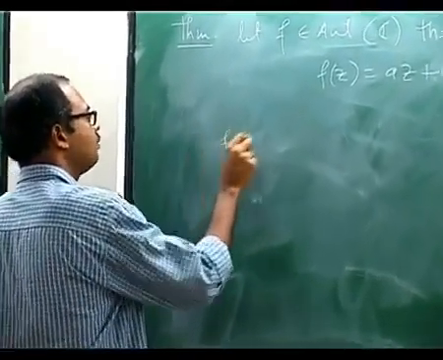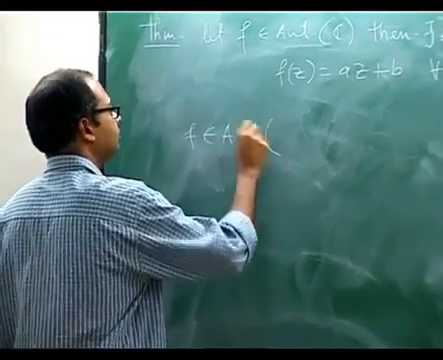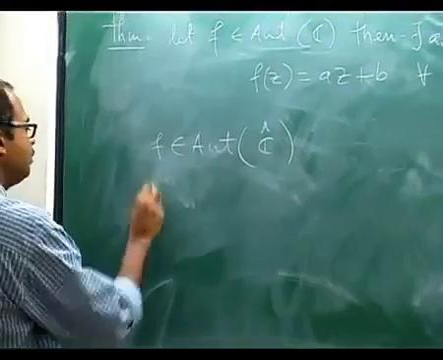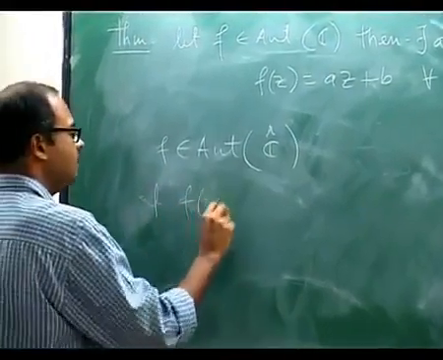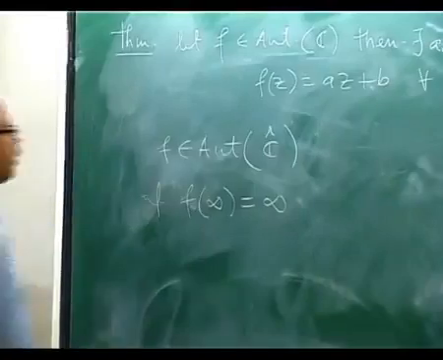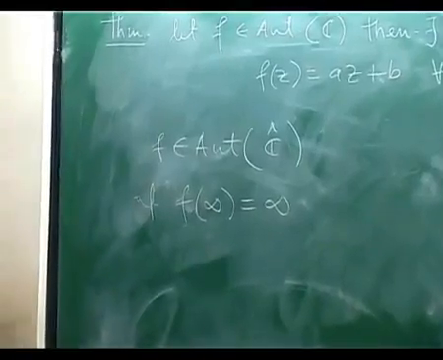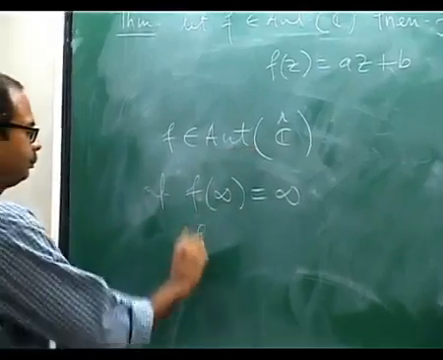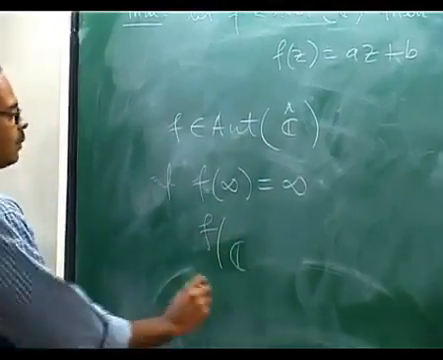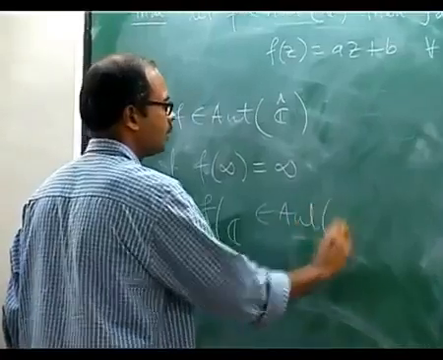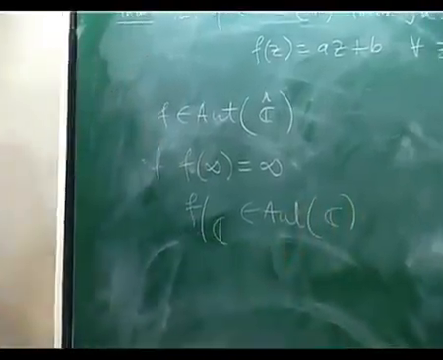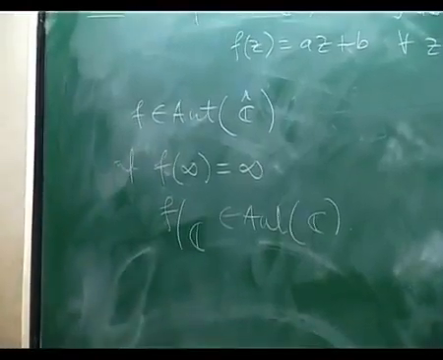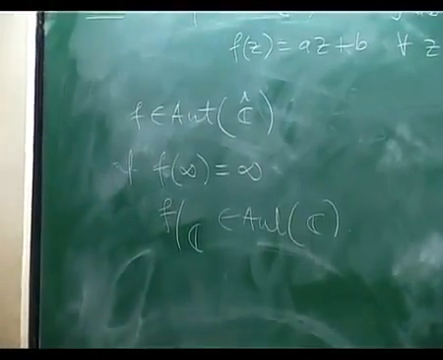So if I take a map from C hat, and if f of infinity is infinity, then f restricted to the complex plane is an automorphism of the complex plane, because it takes infinity to infinity, so the rest of the complex numbers go to complex numbers.